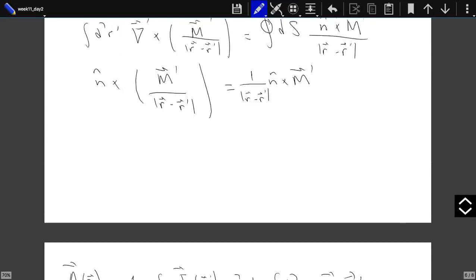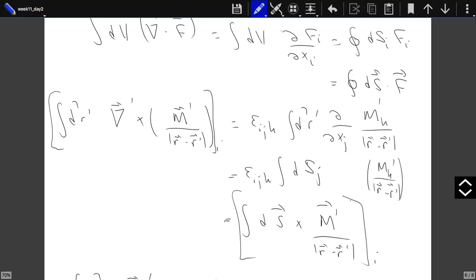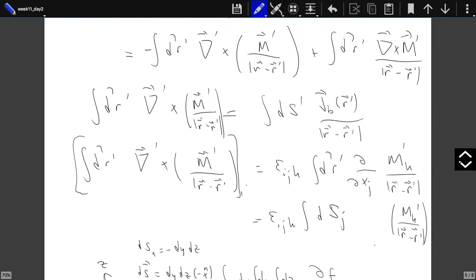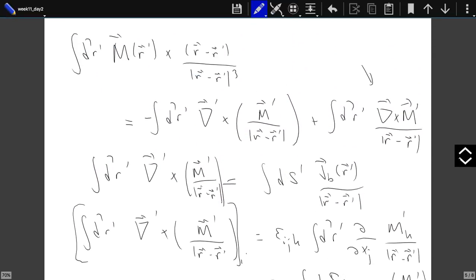So let's go back. Let me see if we can find that sign mistake. So we had this expression, this component epsilon_ijk, derivative with respect to x_j. Oh, that. Let's go back further. That minus sign, I forgot.